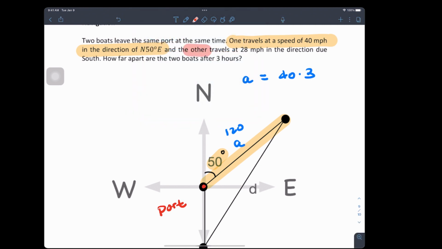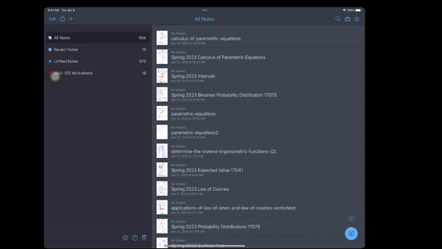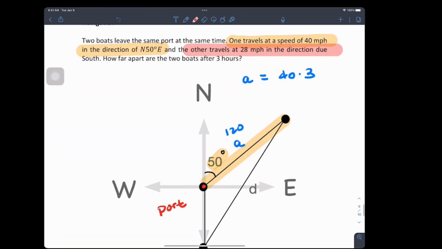The other travels 28 miles per hour in the direction due south.